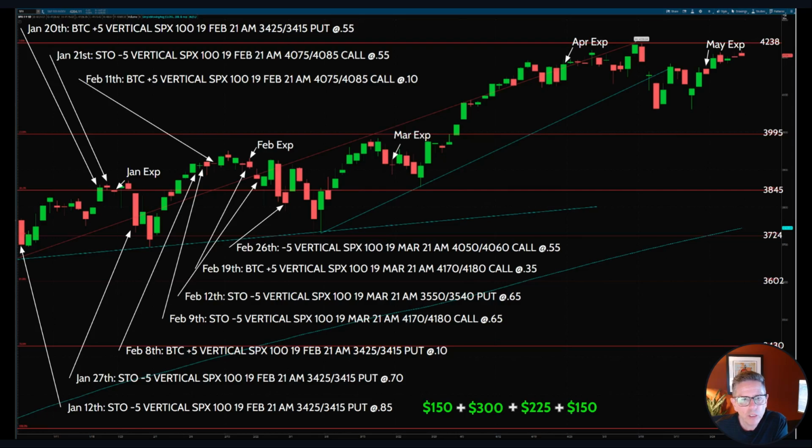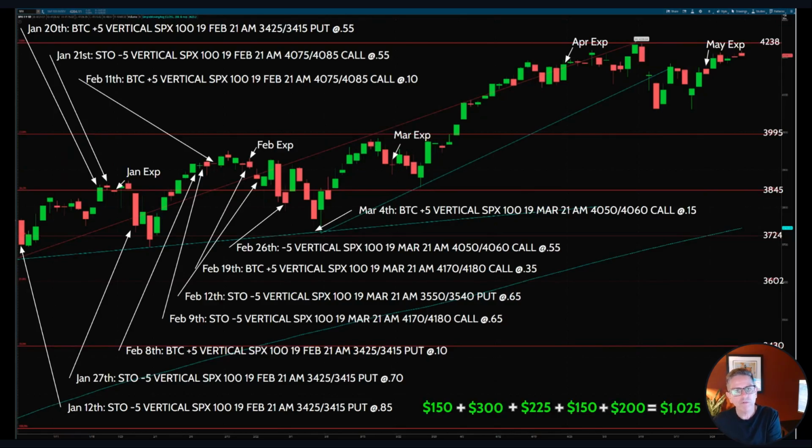Then we put on a call spread for 55. And closed that call spread for 15, so that's another 200, and it gave us 1,025. Okay, from January through February, basically, for these trades.